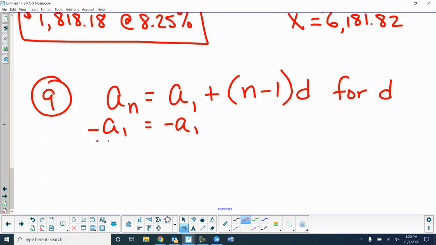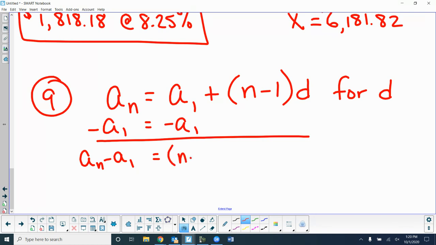Same rules as if they were numbers. If that was a 5 plus, you'd subtract 5, right? So I can't actually subtract those, so I just write it out. A sub n, the nth term, minus A sub 1, the first term, equals n minus 1 times D.